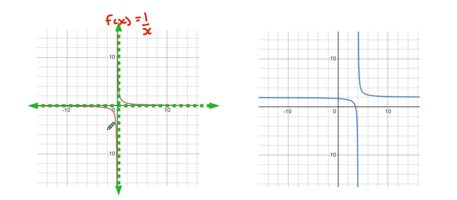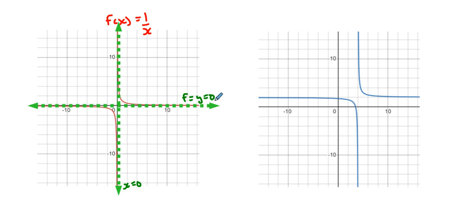So we can name our asymptotes as well. This will be our y equals 0. You might even call it the f equals 0 line in this case because we don't have a y defined, although y is quite common for our vertical axis. And then for this vertical line here, we have our x equals 0.